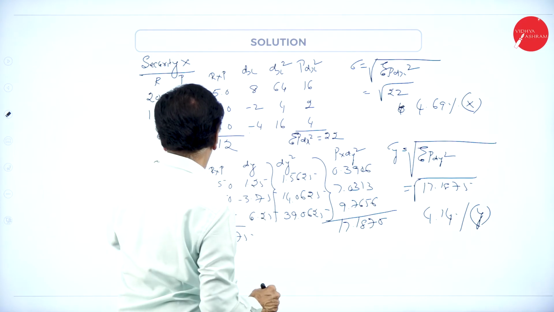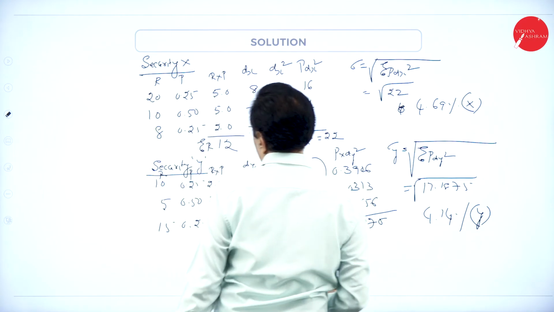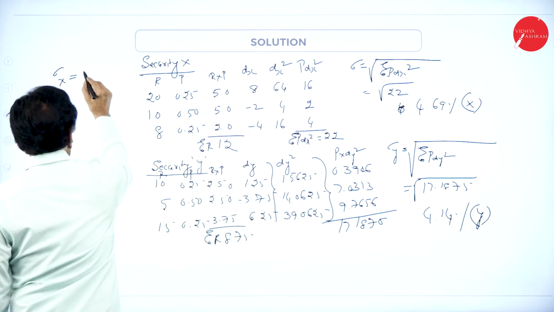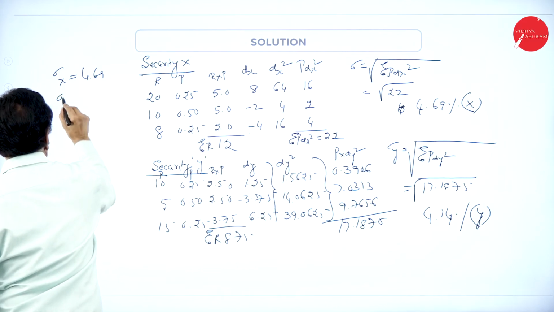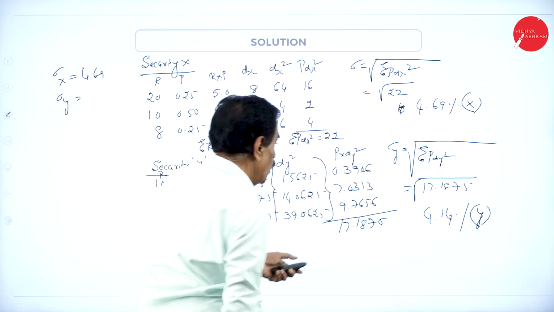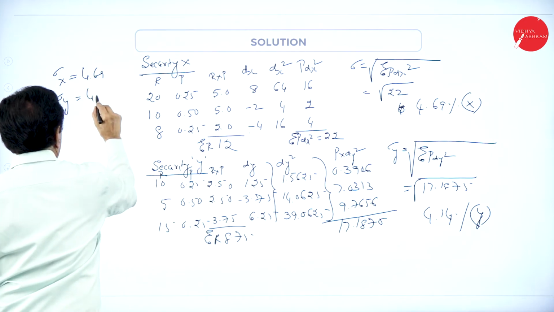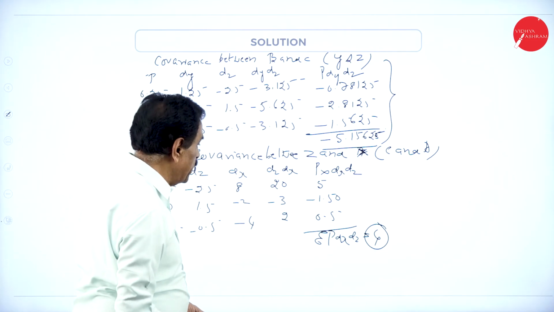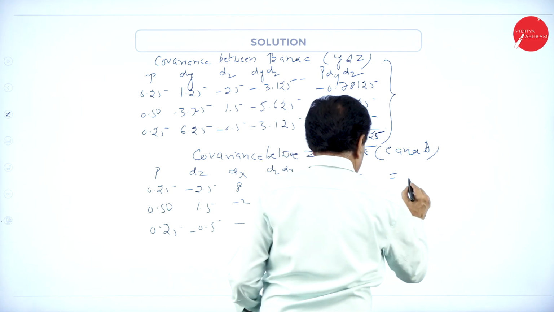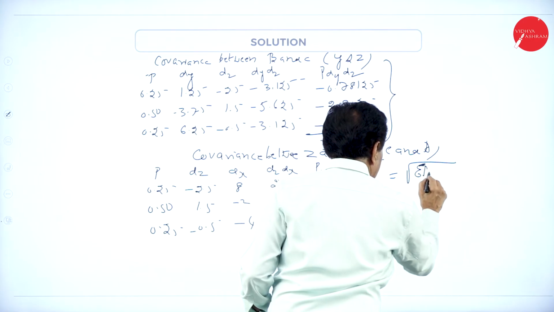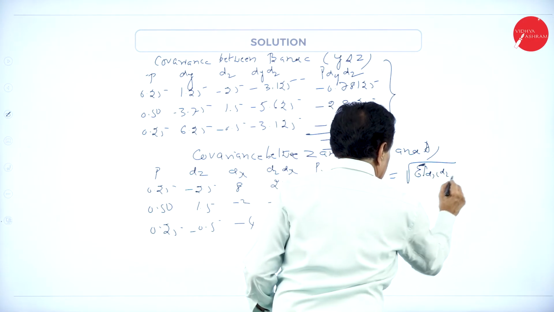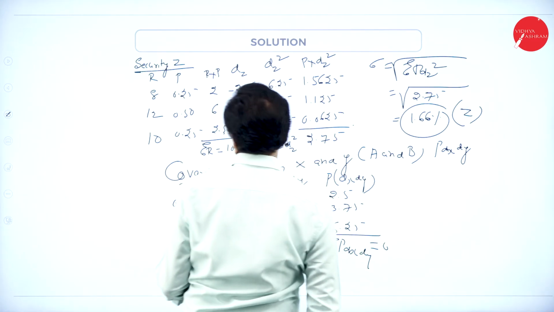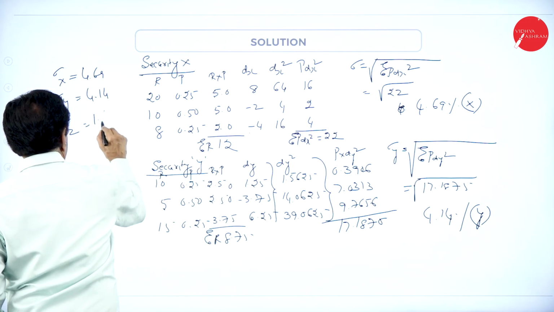Standard deviation of x is 4.69, of y 4.14, of z root of sigma, so standard deviation of z is 1.66.